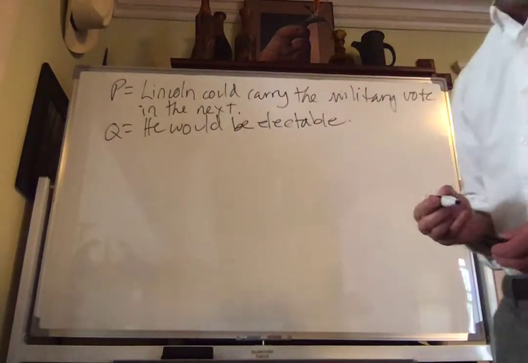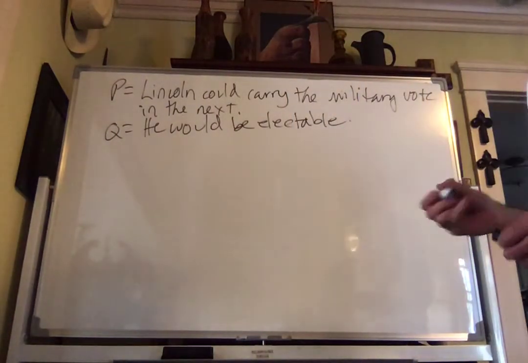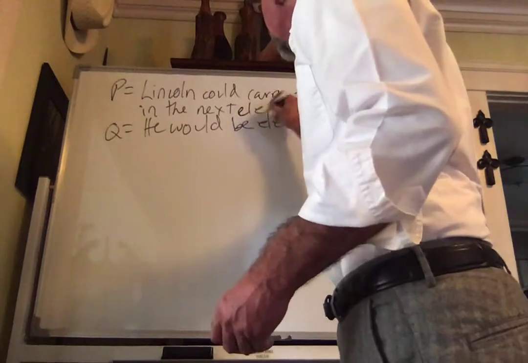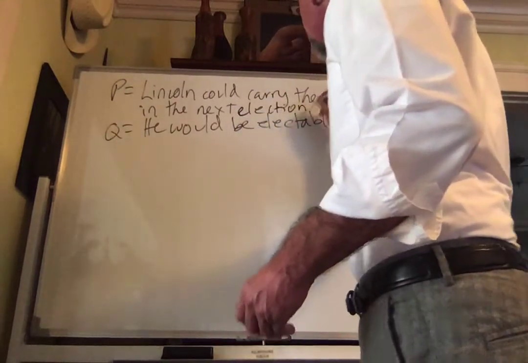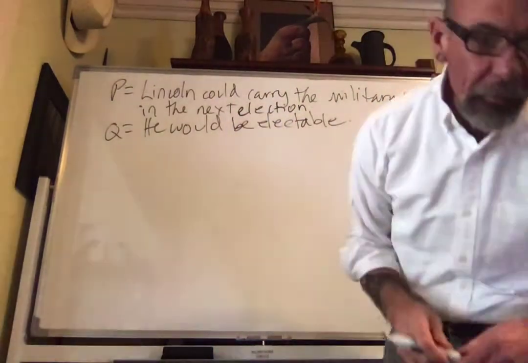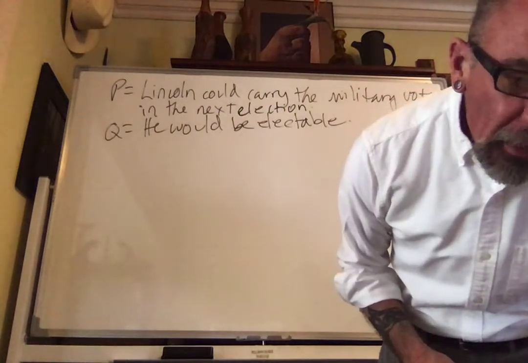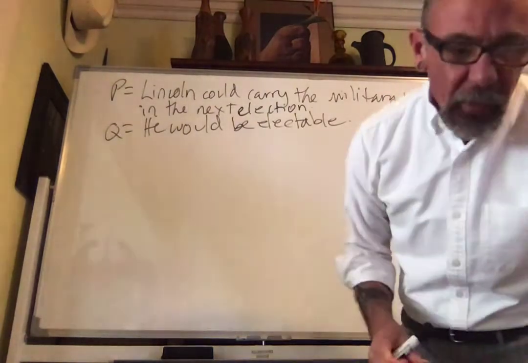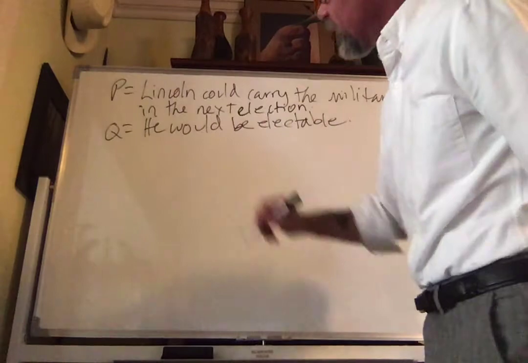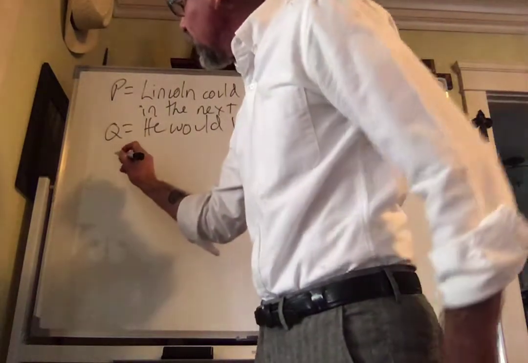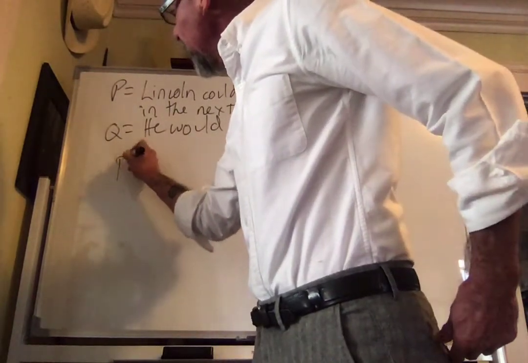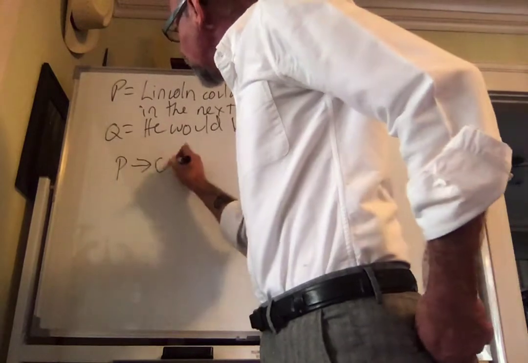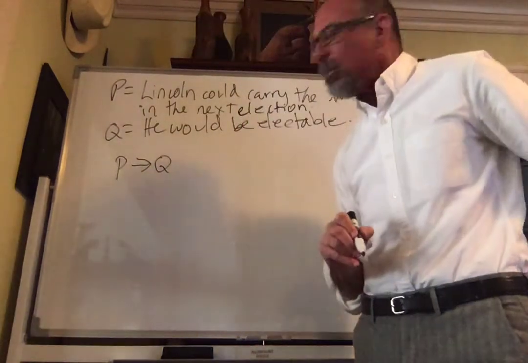I'm letting P stand for Lincoln could carry the military vote in the next election, and I'm letting Q stand for he would be electable. That'll get us the entire first premise. If P, then Q. P introduces the antecedent, and the antecedent goes before the arrow, so the first premise in this argument is P arrow Q.